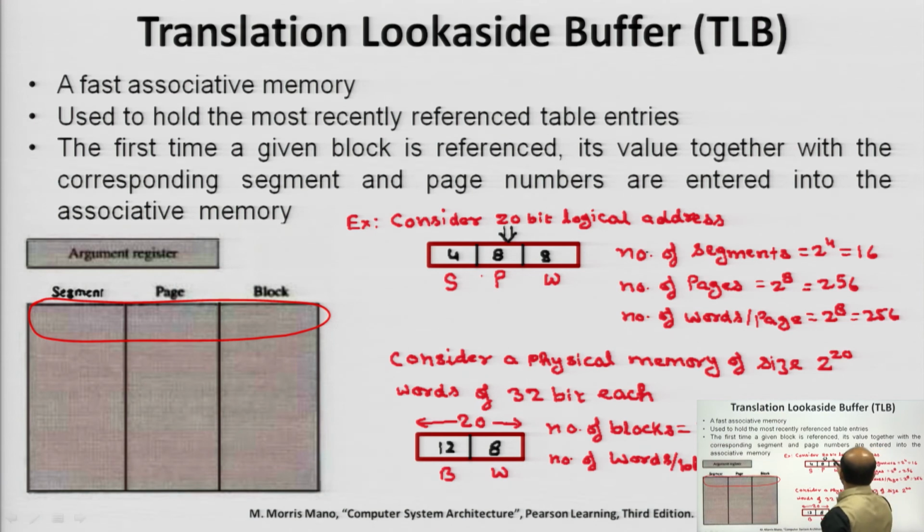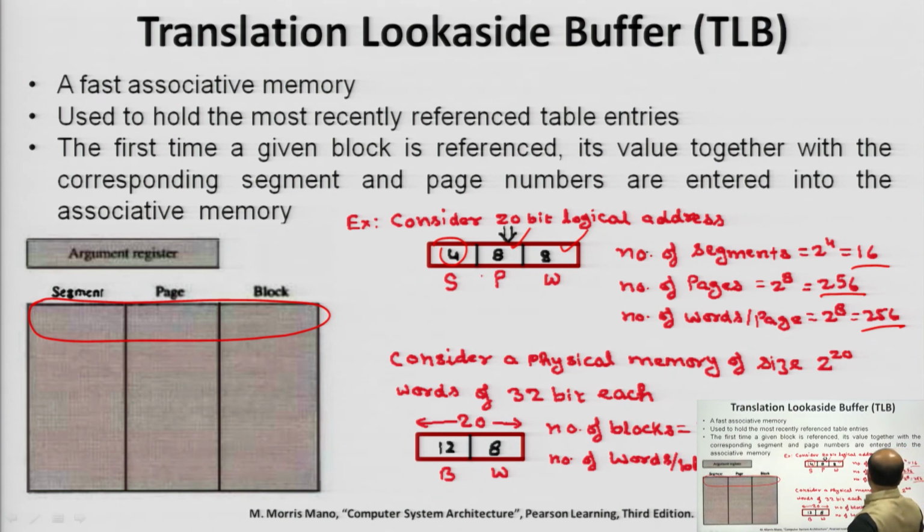Let us take one example here. Consider a 20-bit logical address having 16 segments, that means 2 to the power 4, so 4 bits are required to map the segment, and there are 256 pages. So 8 bits are required for mapping of pages, and in each page we can store 256 words. So 8 bits are required to address the words. This is the logical address entry: segment, page, and word.